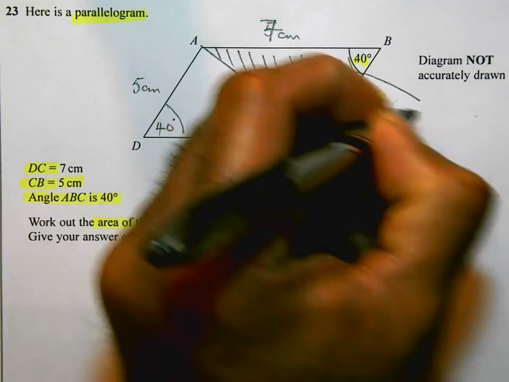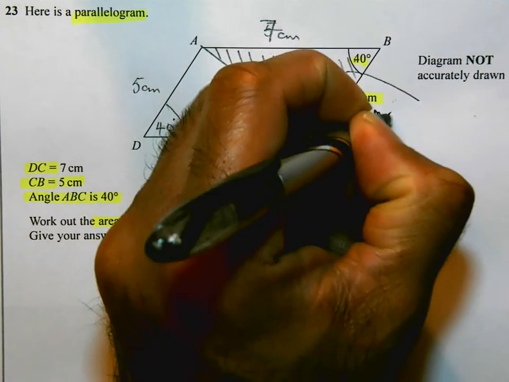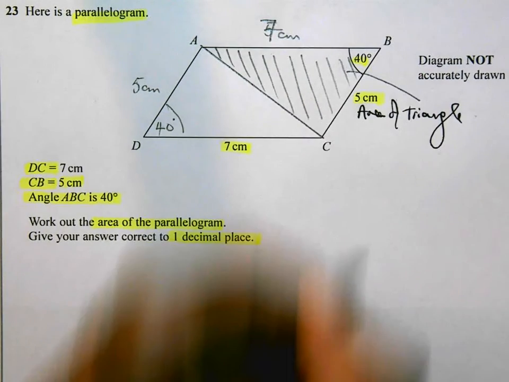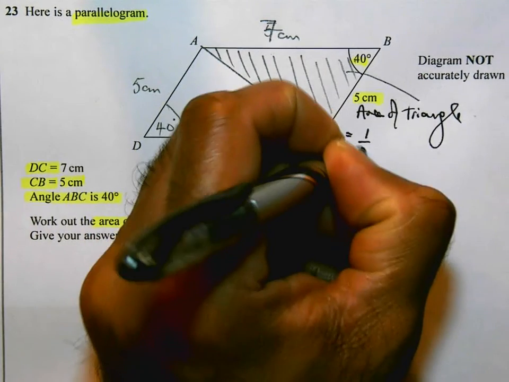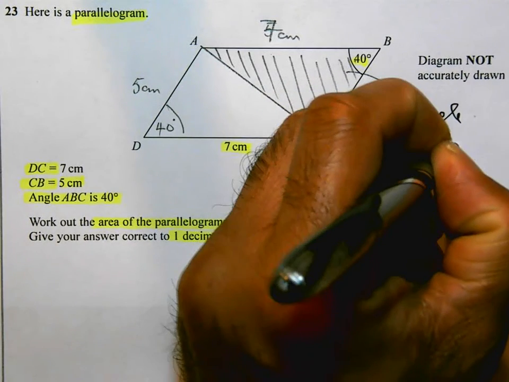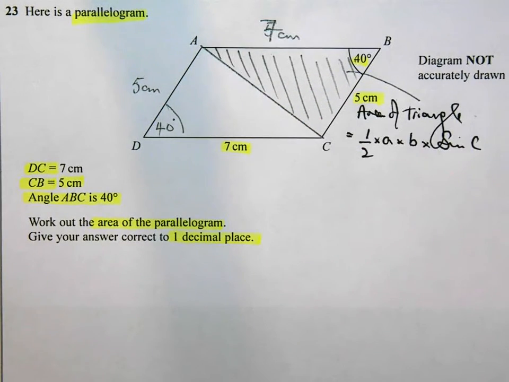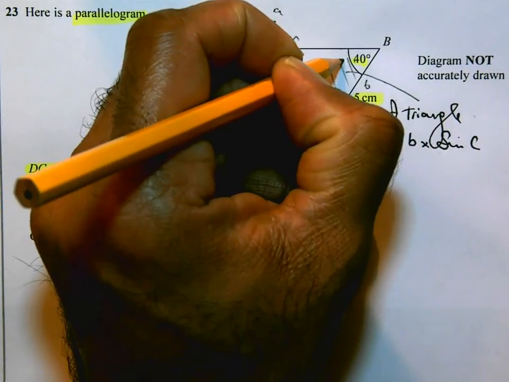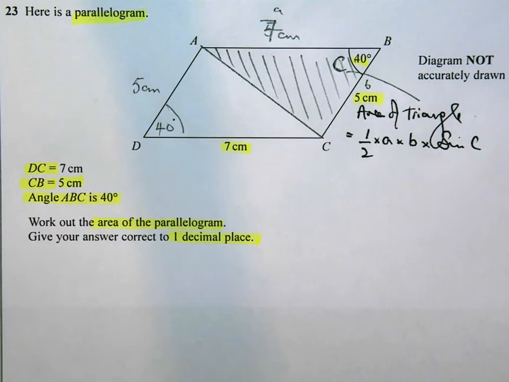And that area of triangle is given by a half times A times B times sine C. C is the angle between those two sides. So this could be your A, that could be your B, and the angle is C. I'm going to use that to help me work out the area of the triangle.